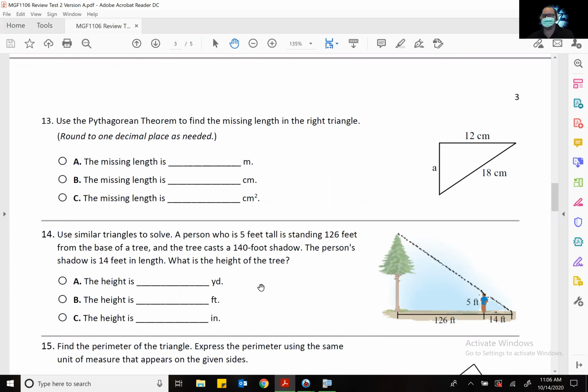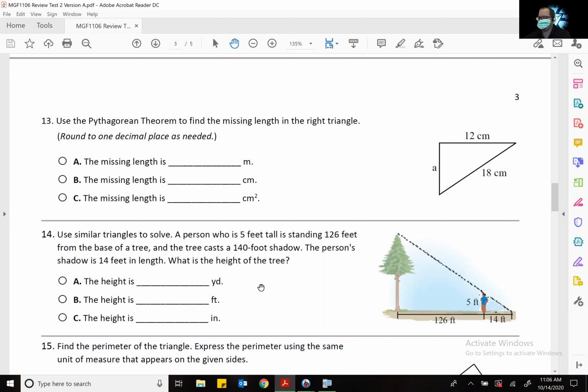So, number 13 says you're going to use the Pythagorean theorem. What is the Pythagorean theorem? A squared plus B squared equals C squared? You got it. A squared plus B squared equals C squared.